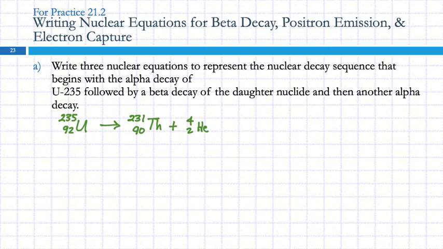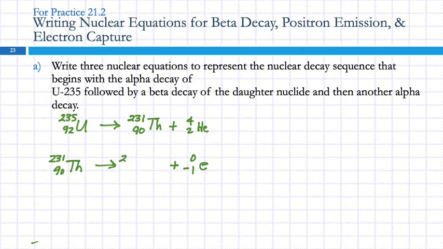And then it says beta decay of that. So we're going to take that thorium that just got made, and we're going to have some beta decay. What is the nuclear symbol here? It's the electron, right? So it's an e with 0 and -1.